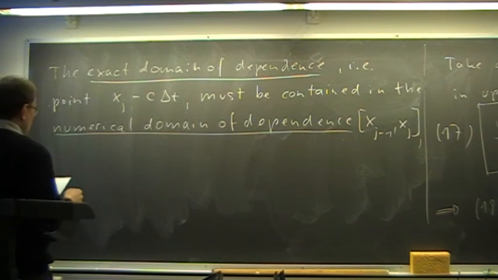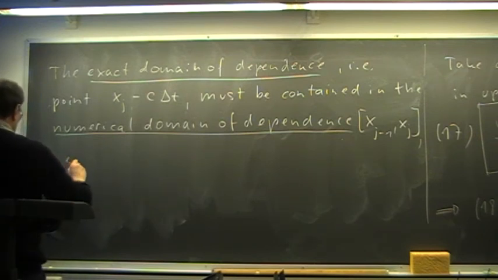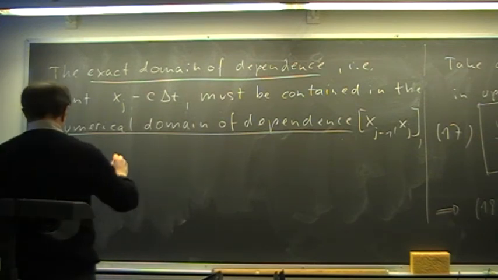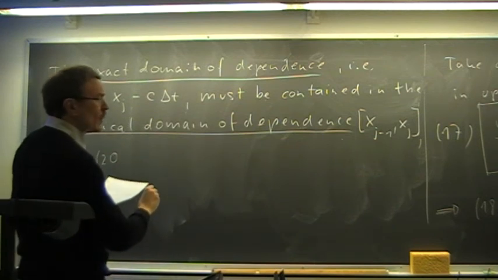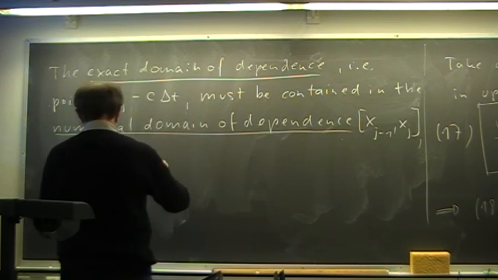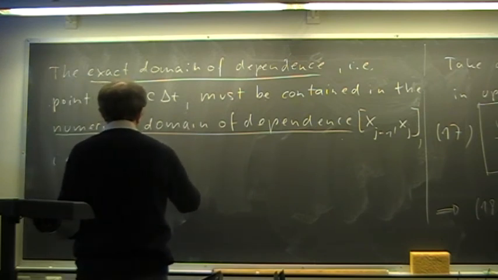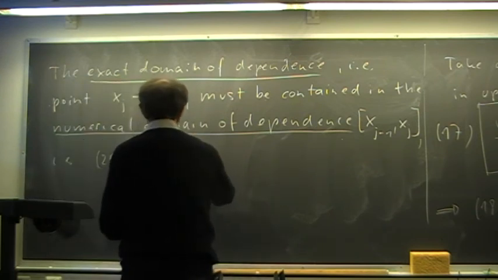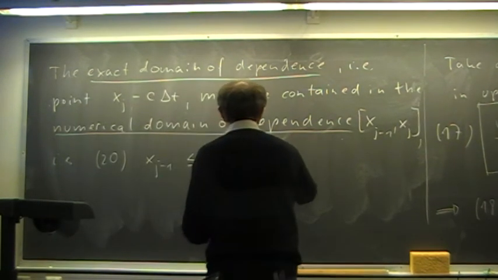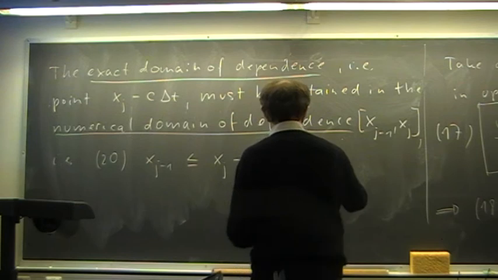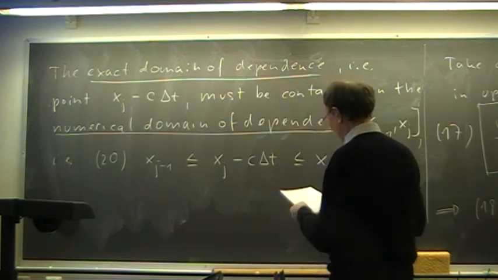And that means that the point xj minus 1 should be smaller equal than xj minus c delta t. That should be smaller equal than xj.